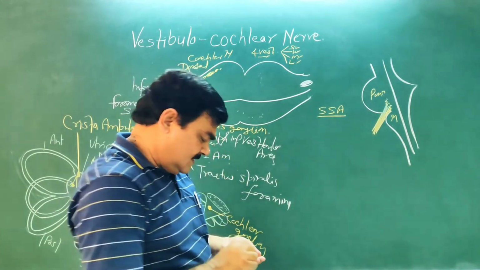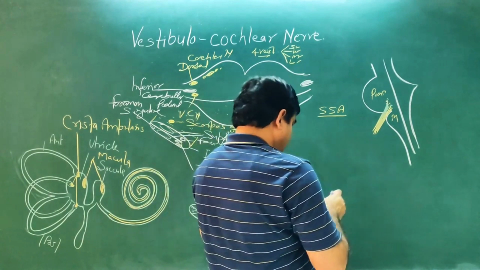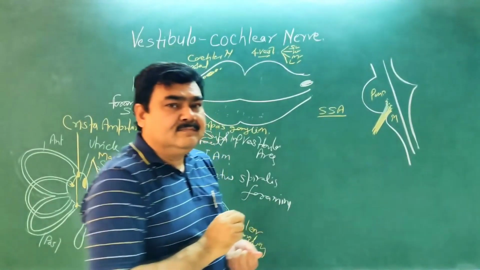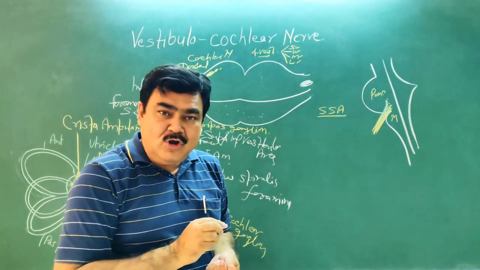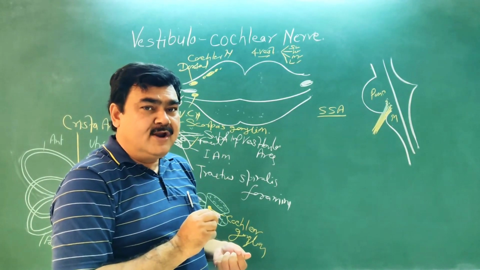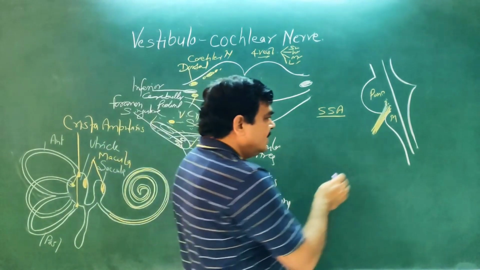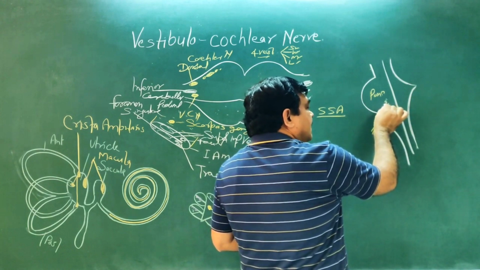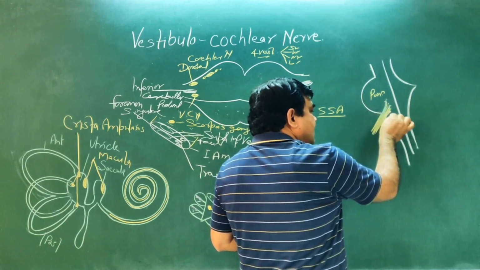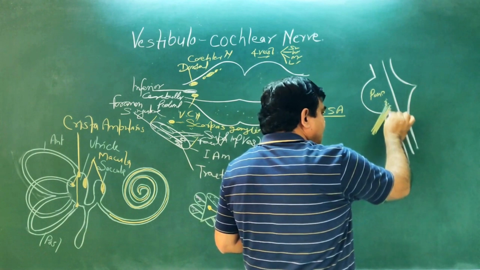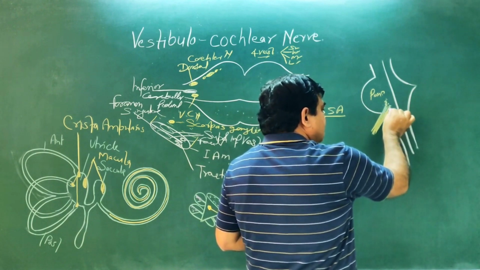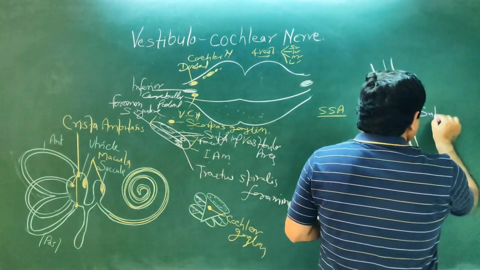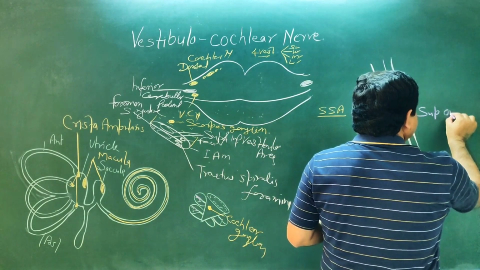And some fibers arise from the superior olivary nucleus and accessory olivary nucleus. The superior olivary nucleus extends from the lower part of the pons to the upper part of the medulla.